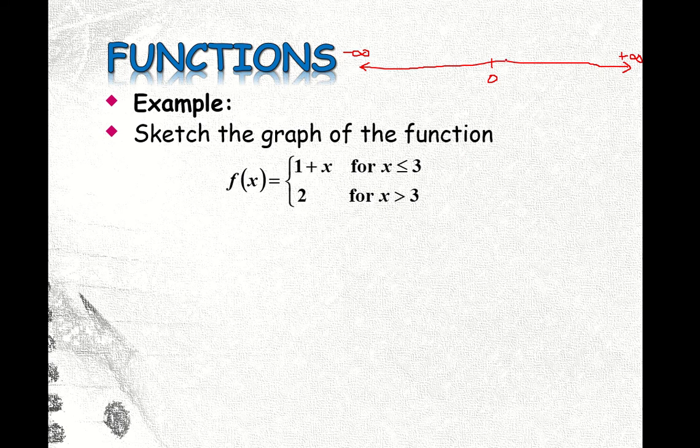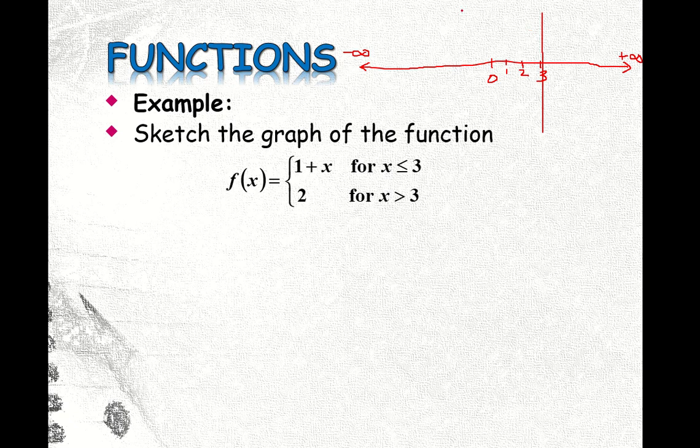Let's look at where our 3 is. This is 1, 2, 3. So all values that are less than or equal to 3. This is our boundary. It means all the values x less than 3.